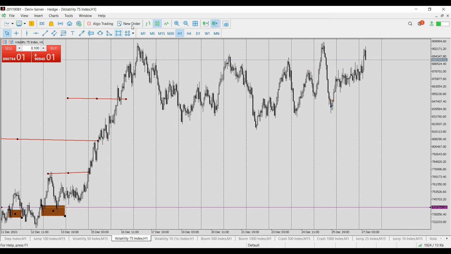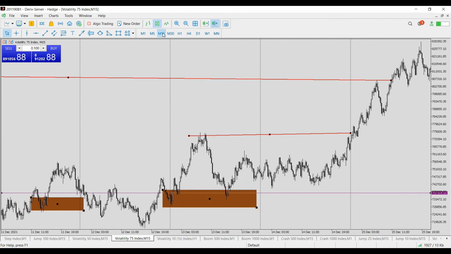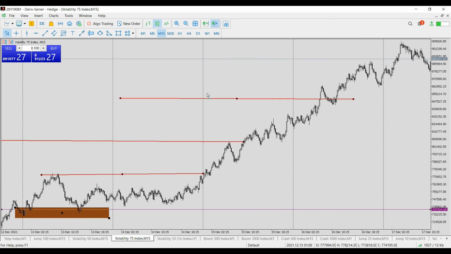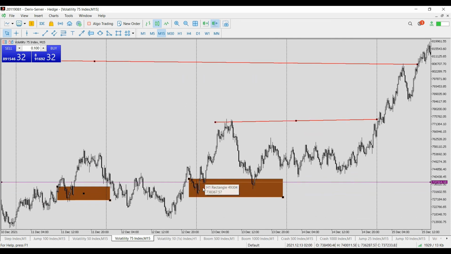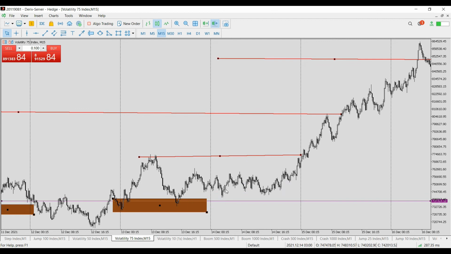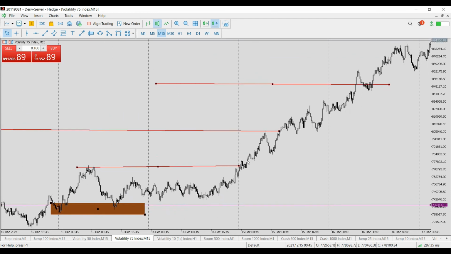Not that I can't trade them, but I avoid them because consolidations are consolidations. But if you go on the lower time frame, you're going to see it still played out very well here. We basically had two other blocks here, we had this and we had this inside this place, and we went all the way up to here and all the way up here.